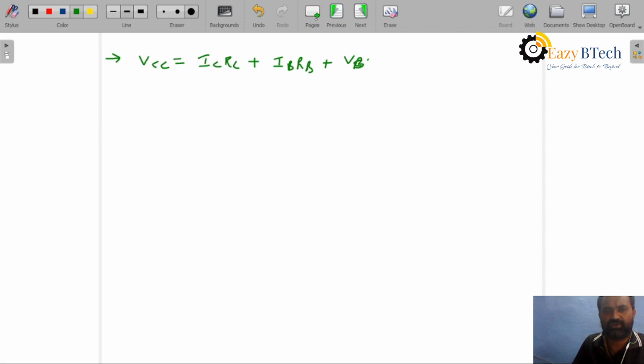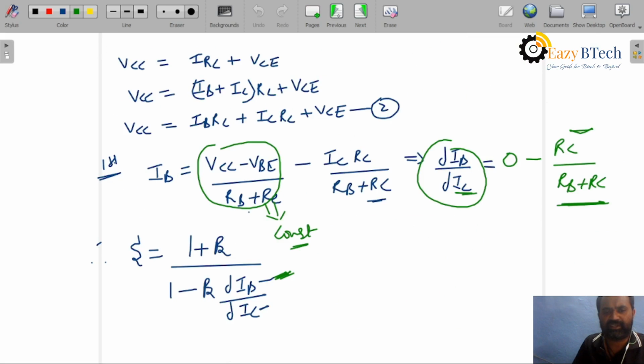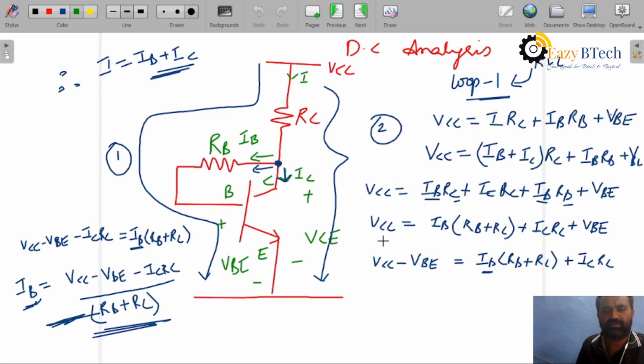I will show this equation, which we previously wrote. To find the value of RB, we can clearly write it in this manner: VCC is equal to ICRC plus IBRB plus VBE.